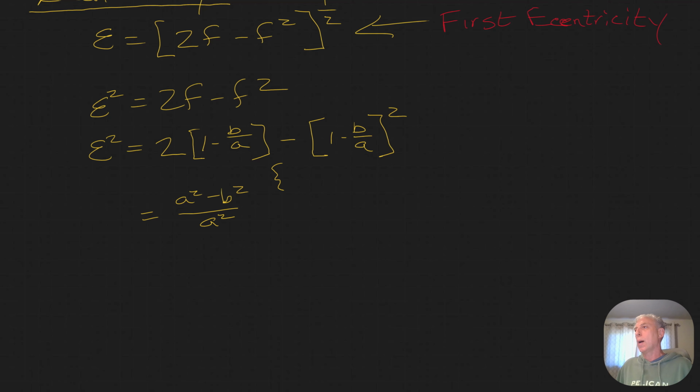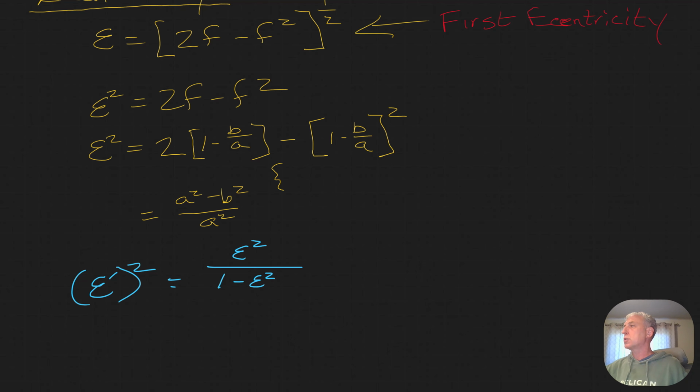So the second eccentricity is e prime, or epsilon prime, and we represent it as a square, and it equals the first eccentricity squared over 1 minus the first eccentricity squared. Just a definition, no derivations there.